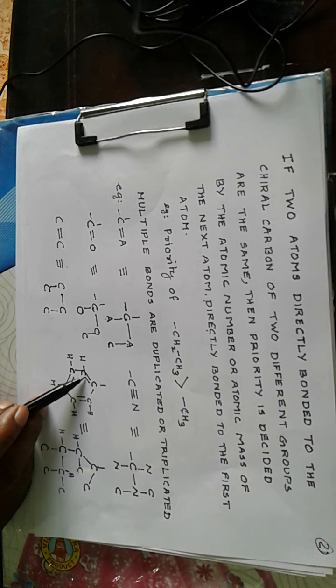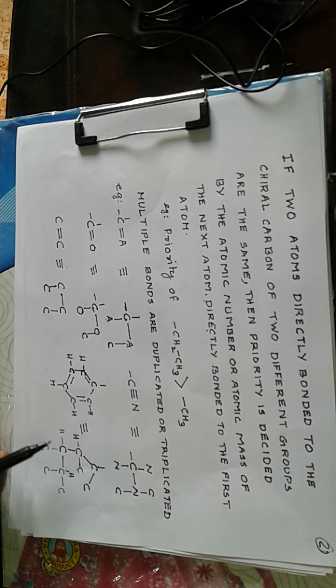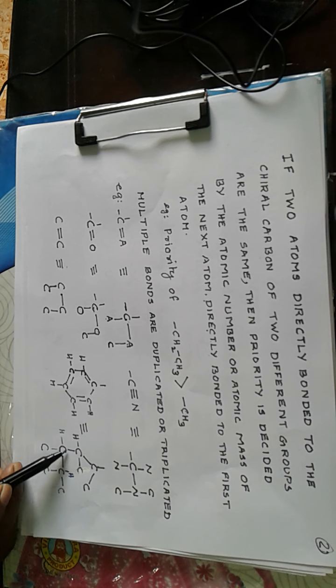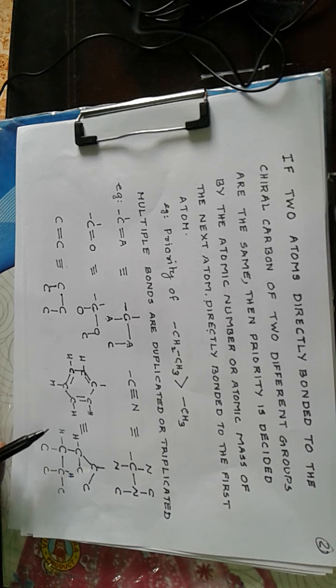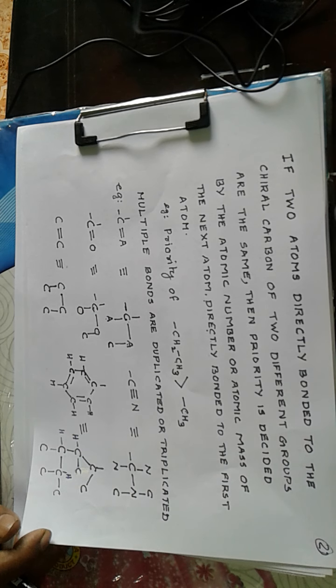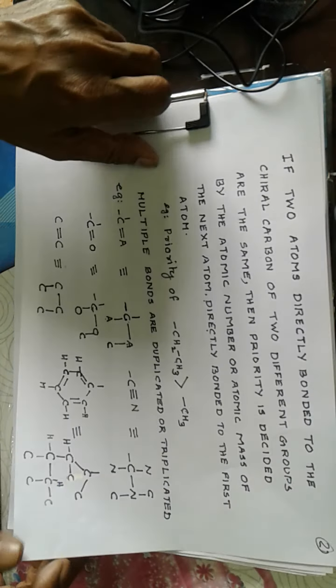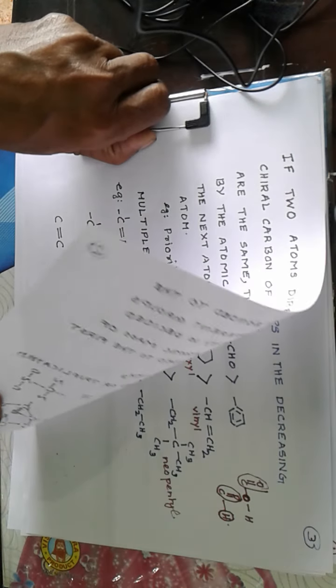So two carbons are connected here, and this carbon again splits into two bonds connected to one carbon and the other carbon here, and again this carbon is connected by a single bond to this carbon. There again duplication creates such a case. So a multiple bond is duplicated or triplicated, so that its priority may be increased.